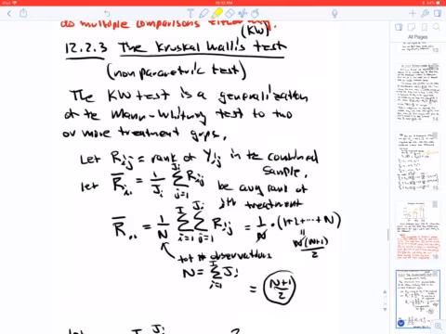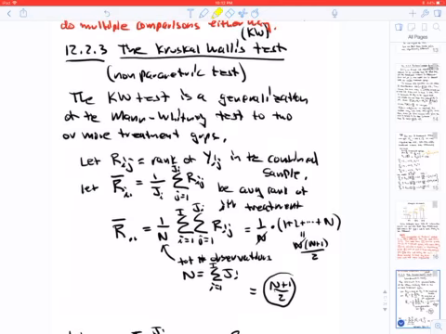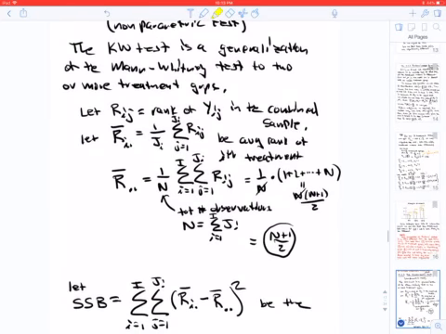What I'd like to do next is the Kruskal-Wallis test, and this is a generalization of the Mann-Whitney test to two or more treatment groups. Recall that the Mann-Whitney test was a non-parametric two-sample t-test where we used rank sums. And so here again, we're going to have rank sums.